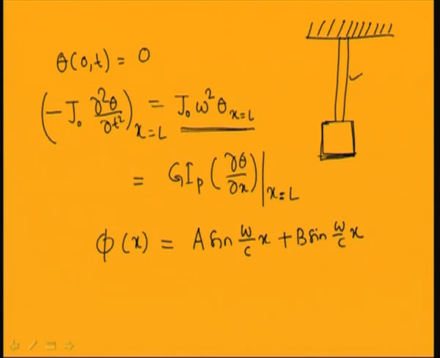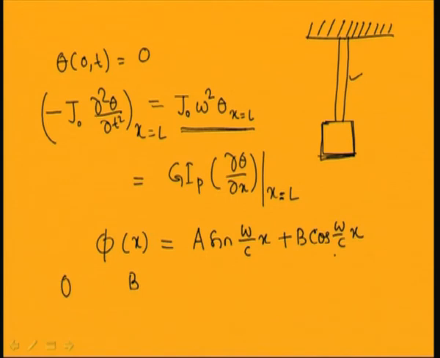Substituting theta equal to 0, the sin term goes and B into 1 will be equal to 0.